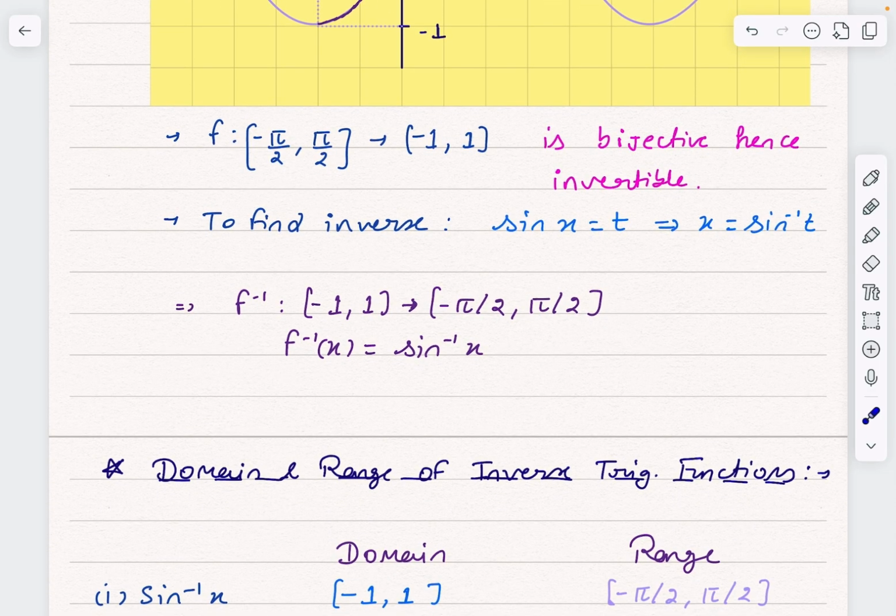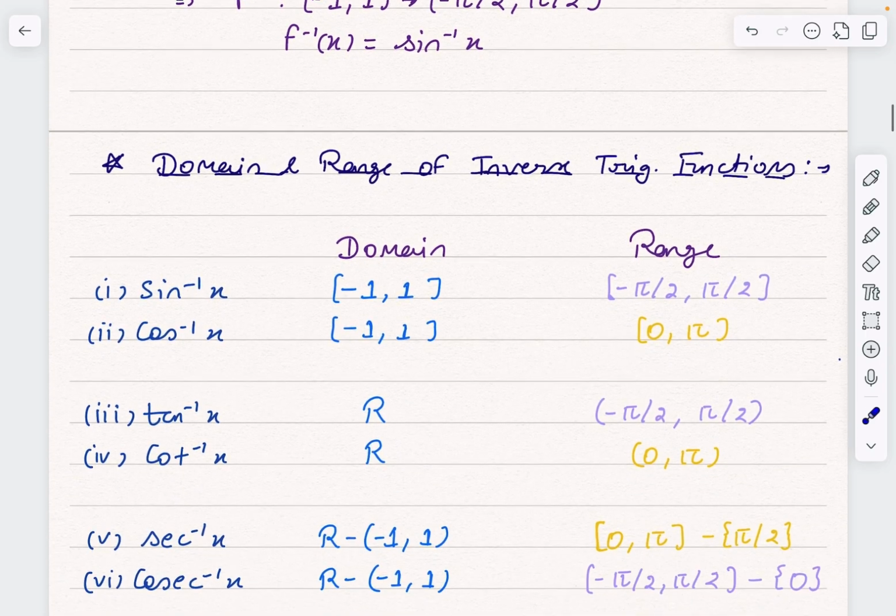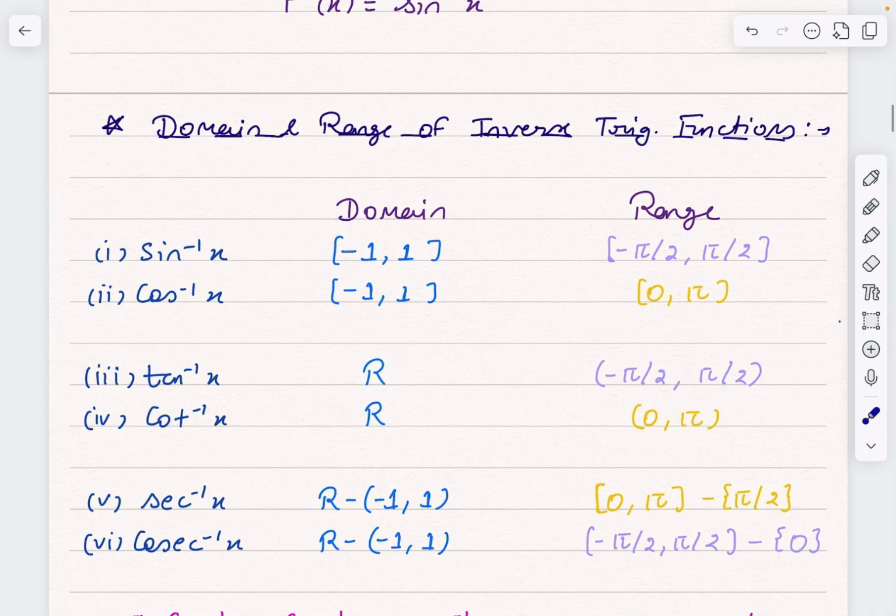Now, same way you can do it for other trigonometric functions. So I'll just give you the final thing for all of them. So sine inverse x, like we discussed, domain is minus 1 to 1, range is minus pi by 2 to plus pi by 2. For cos inverse x, domain is the same, minus 1 to 1, and the principal range here is 0 to pi, both closed. Tan inverse x, cot inverse x, both of them have domain all real numbers.